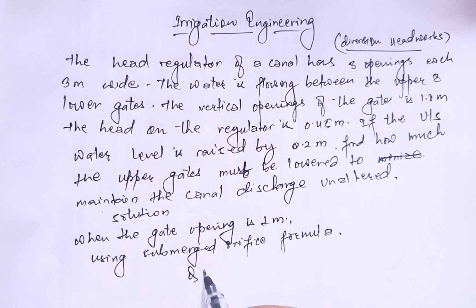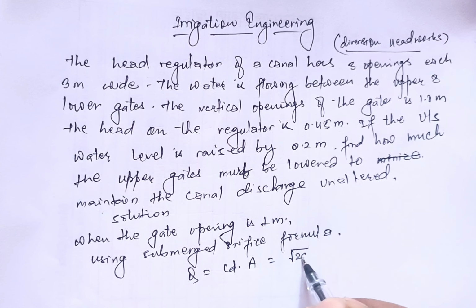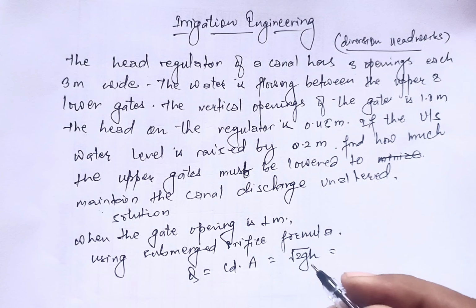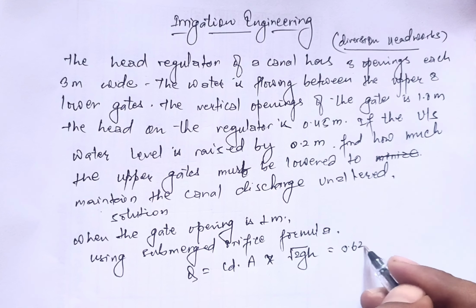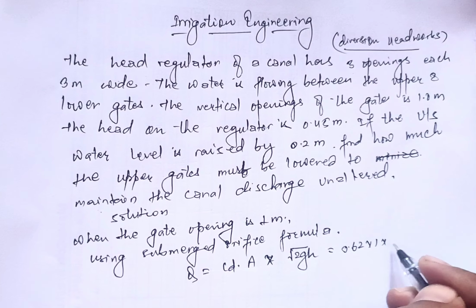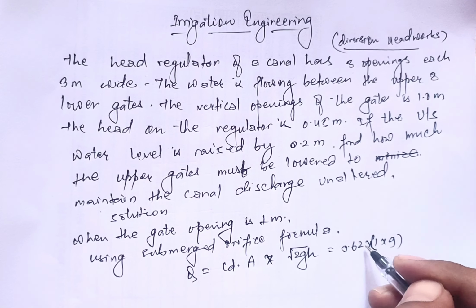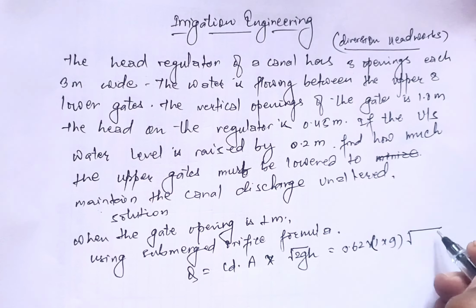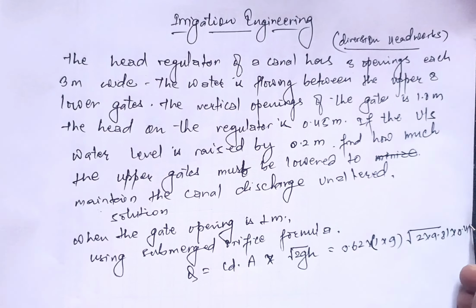That is Q equals Cd times A times root over 2gH, which equals 0.62 times 1 times 3 times root over 2 times 9.81 times 0.45.